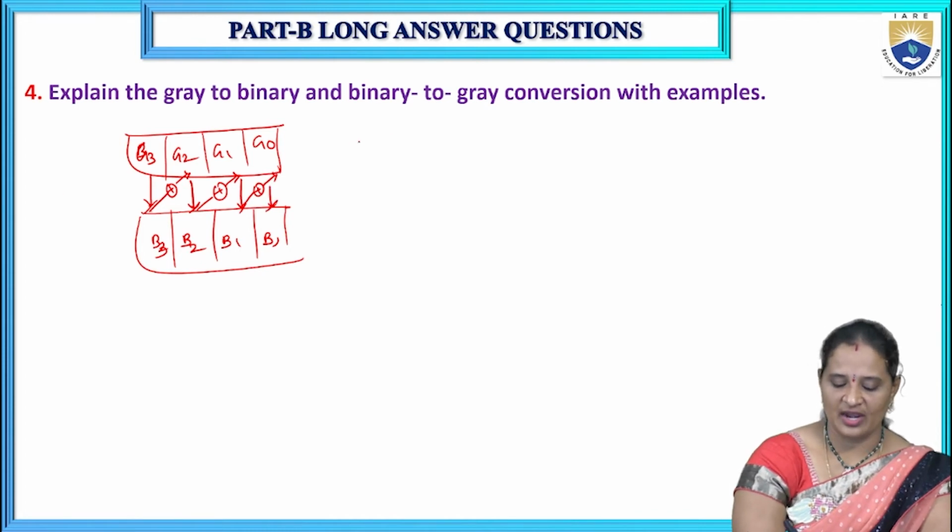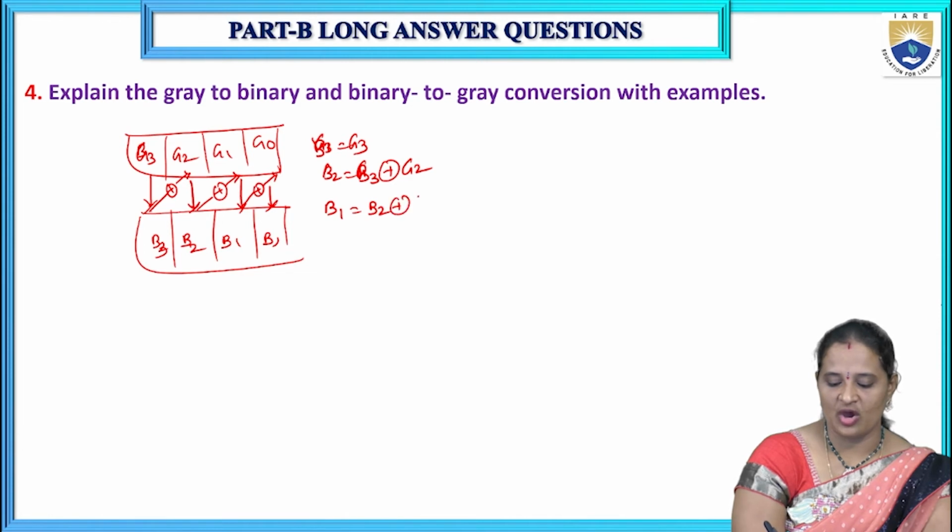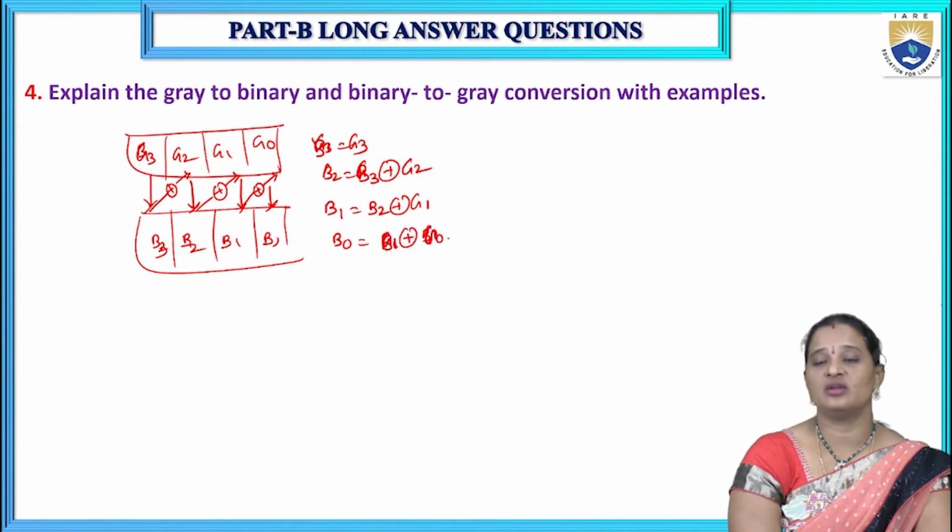So that means I can write that B3 is equal to G3, and B2 is equal to B3 XOR G2. Similarly, B1 is equal to B2 XOR G1, and B0 is equal to B1 XOR G0.